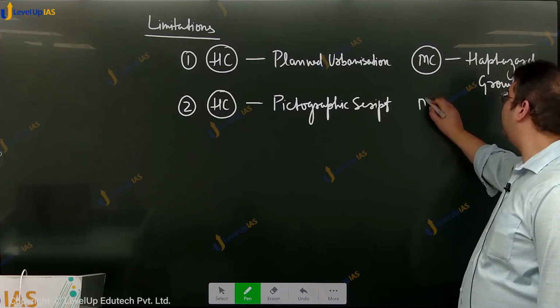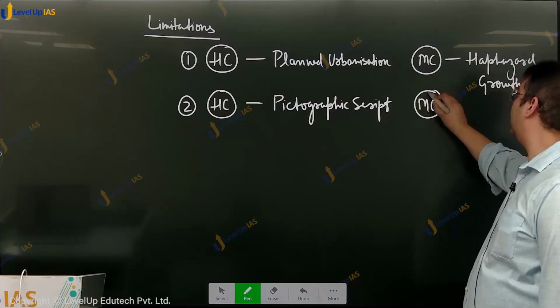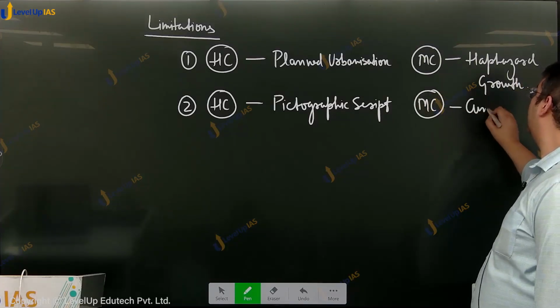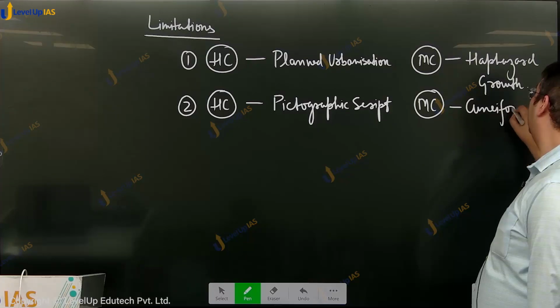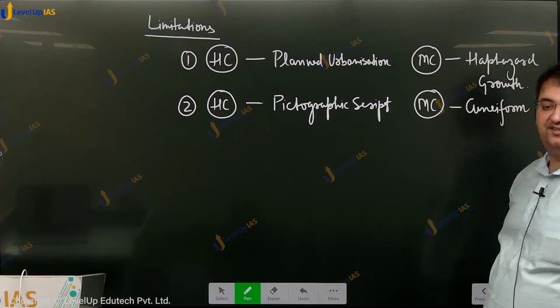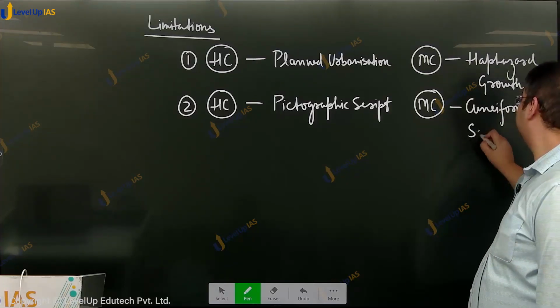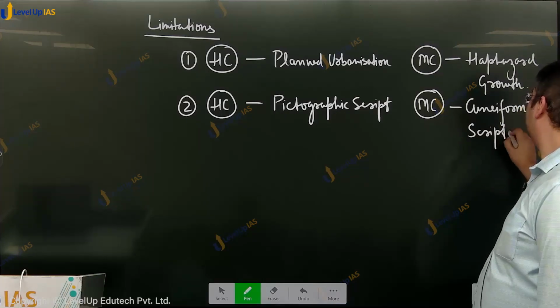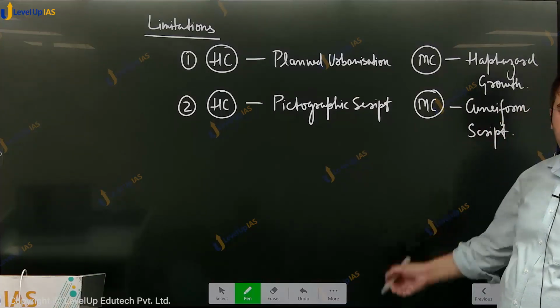Whereas the Mesopotamian civilization script was a cuneiform alphabetical script. The word cuneiform comes from the Greek word cunis.